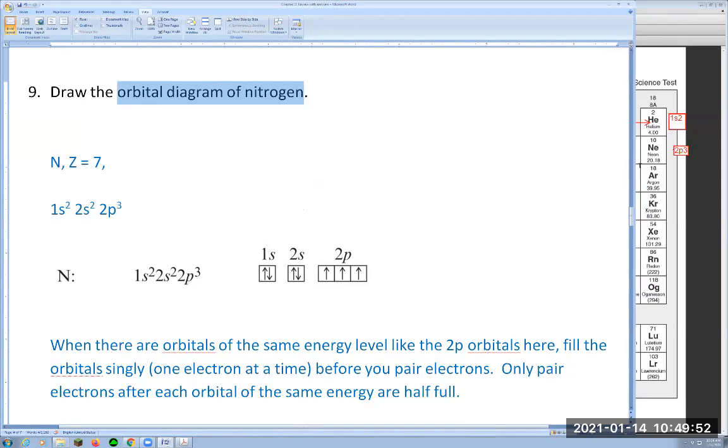This is important because the fact that you have 3 electrons with arrow up in the nitrogen atom here can give magnetic properties to the atom. So this is a specificity here that you need to pay attention to.